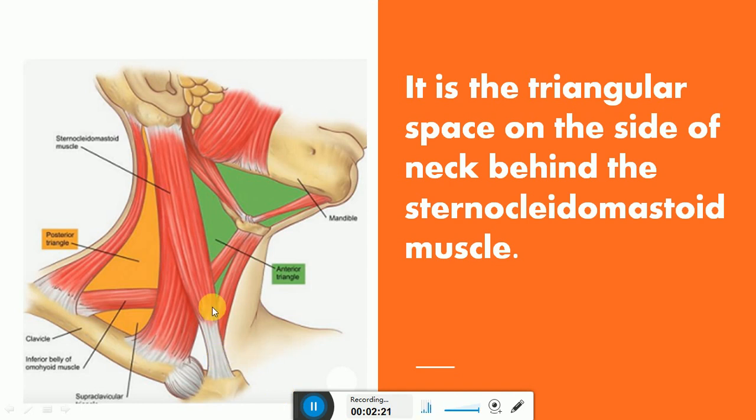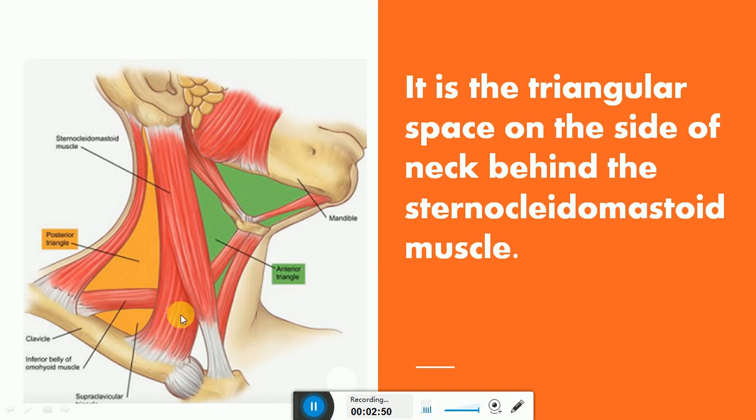Now this quadrangular part is divided into two parts, an anterior part and a posterior part, by a muscle called the sternocleidomastoid muscle. This is the sternal head and this is the clavicular head. These are the two heads of the sternocleidomastoid muscle. The sternal head is arising from the sternum, and the clavicular head is arising from the clavicle.